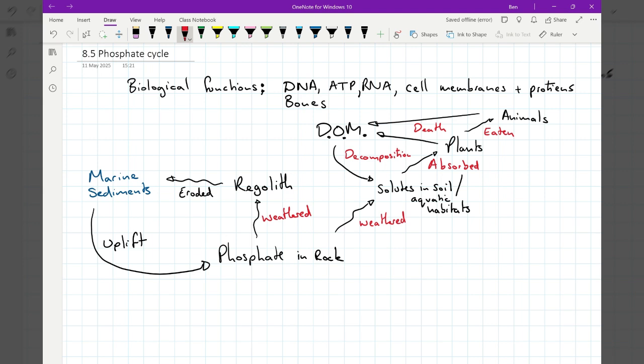Alternatively, that dead organic matter can be deposited as sediments, ultimately in the marine environment because it washes down things like rivers, and ends up back in the lithosphere. So let's just change those back to red so they all match.